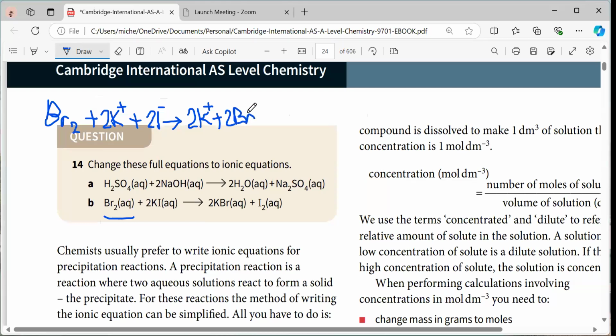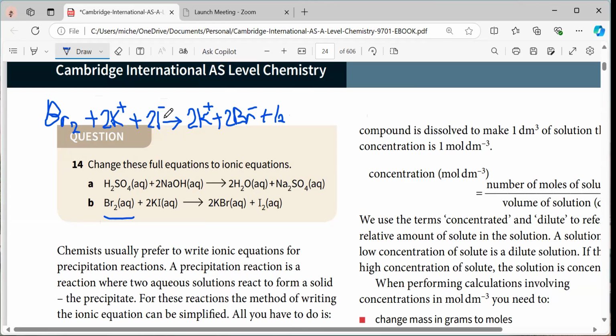Bromine is negative. And then we have here the diatomic iodine right here. When it's diatomic, it's not really necessary to write the charges. So you can just go ahead like that.